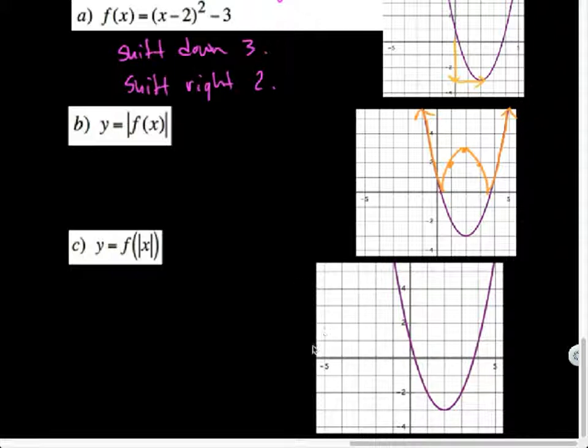Okay, so what is the absolute value of 1? 1. And then if I plug in 1 into this, it's going to be the same there. It's going to be the same here. Absolute value of 3 is 3. 3 minus 2 all squared minus 3 is going to be the same value. All of these values are going to be the same on the right side of the axis.